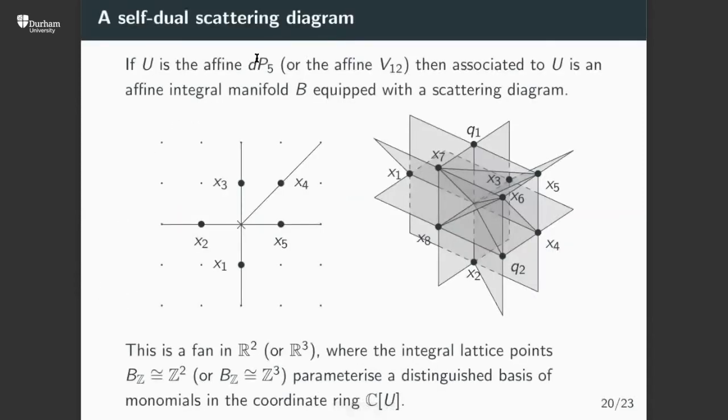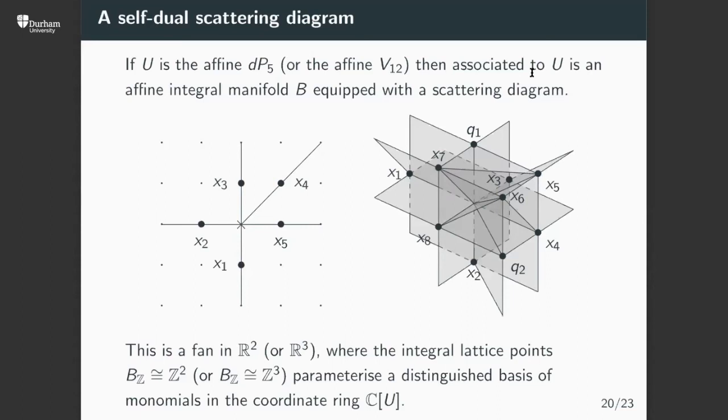Let me consider either the affine del Pezzo surface or the affine Fano threefold V12 that I've defined in this talk. So these are the 2 varieties defined by the Lyness recurrence in dimension 2 and dimension 3. Then really this cluster algebra structure is controlled by something called a scattering diagram.